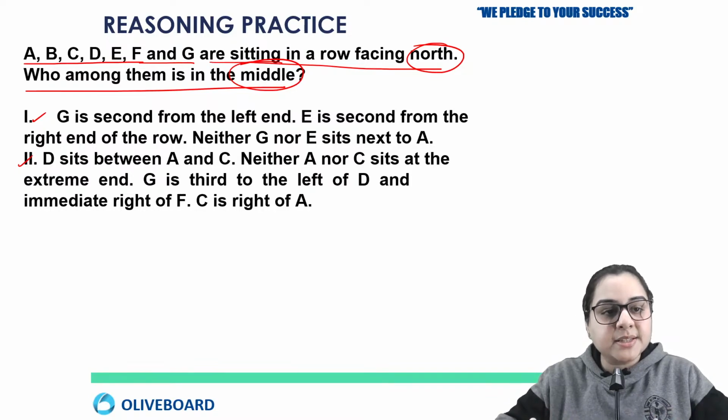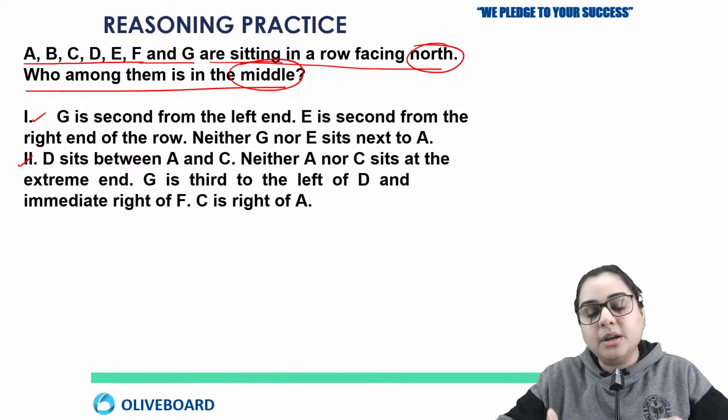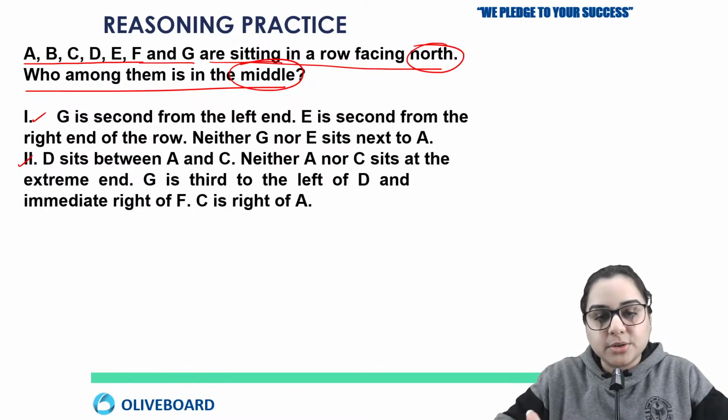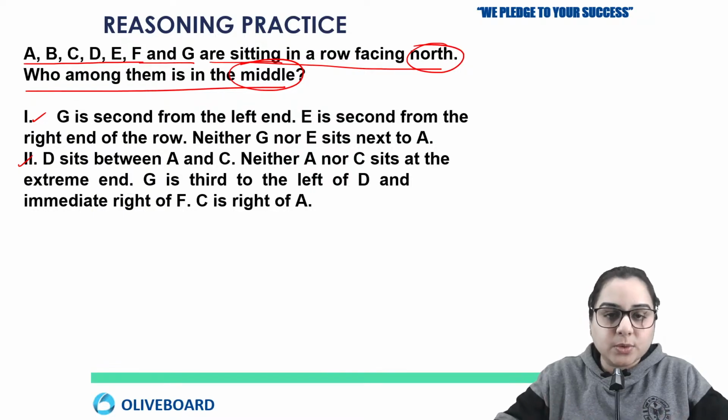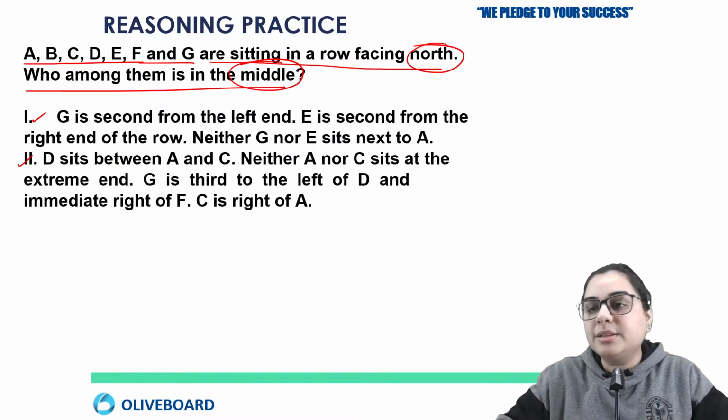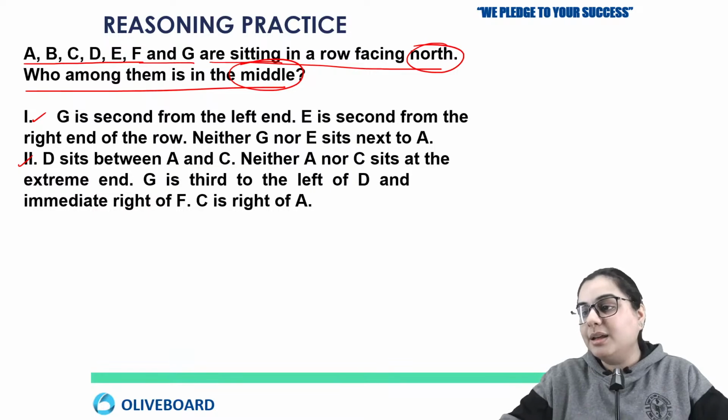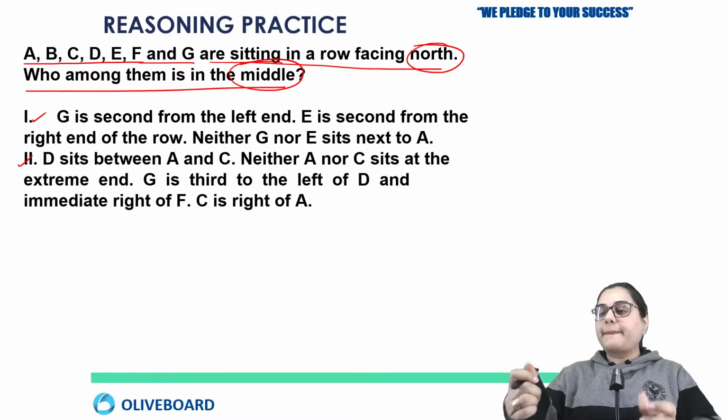There are three cases: either alone one information is sufficient, or alone two information is sufficient, or both the statements together are sufficient to answer the question. So you have to check which case is going to tell who among them is in the middle. Okay, so now let's try this.